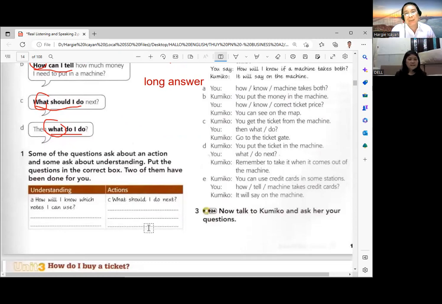So maybe Kumiko is going to say, oh, you have to go to that. So there would be an action, right? Or you need to insert the notes on the machine, and there would be an instruction after that one. So that needs an action. But how will I know which notes I can use?